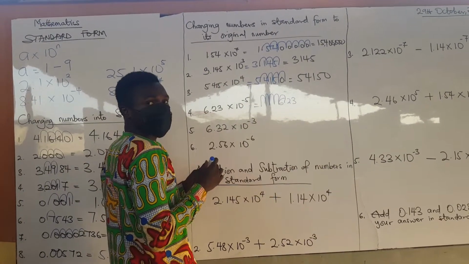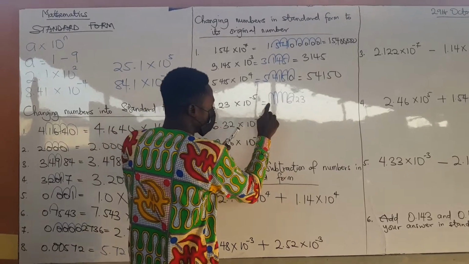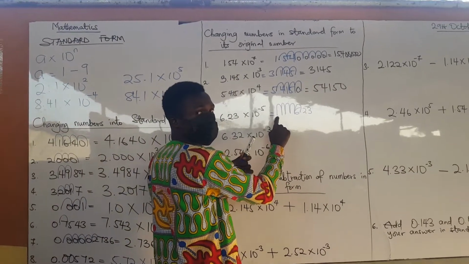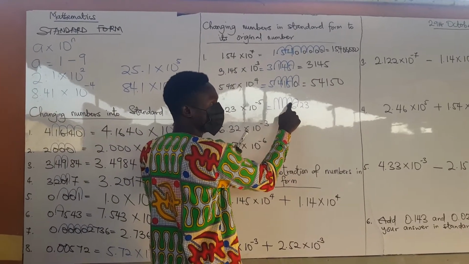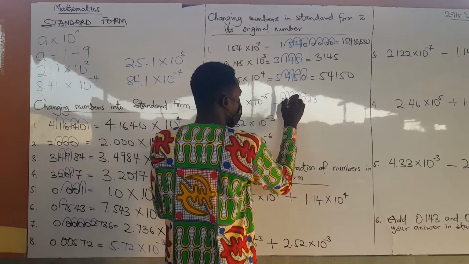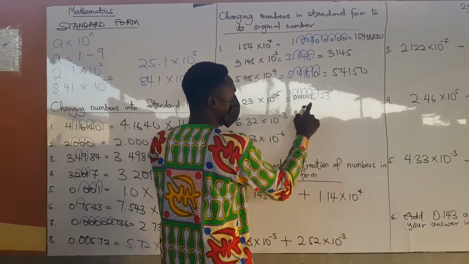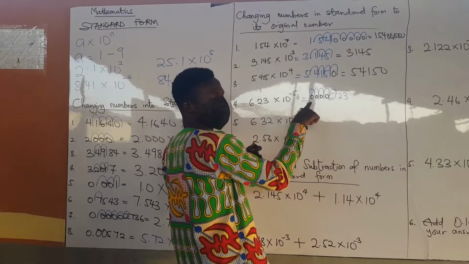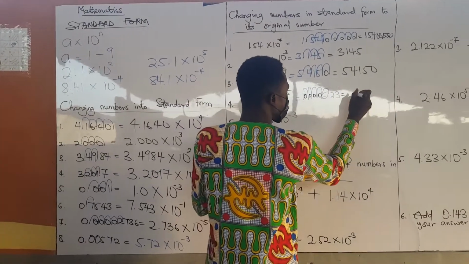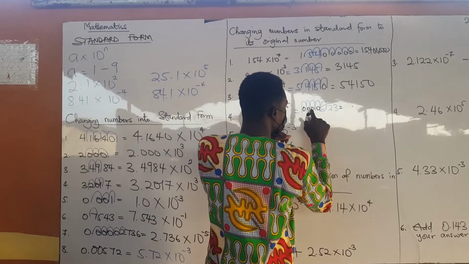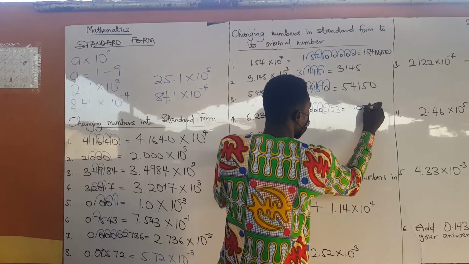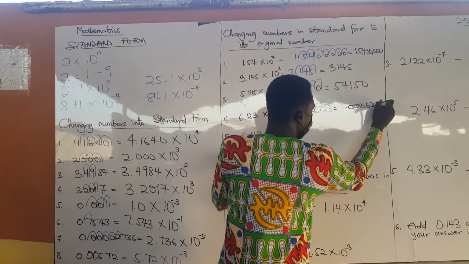Here. So the point has come here. So because there are no numbers here, we are going to replace them with zeros. 0, 0, 0. Now this point has moved to this place. So I'm going to get point 1, 2, 3, 4 zeros, 6, 2, 3.